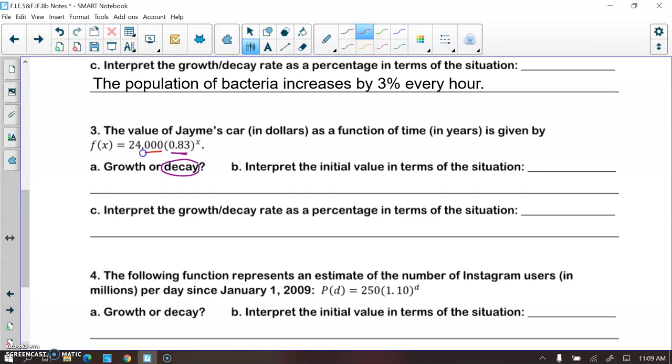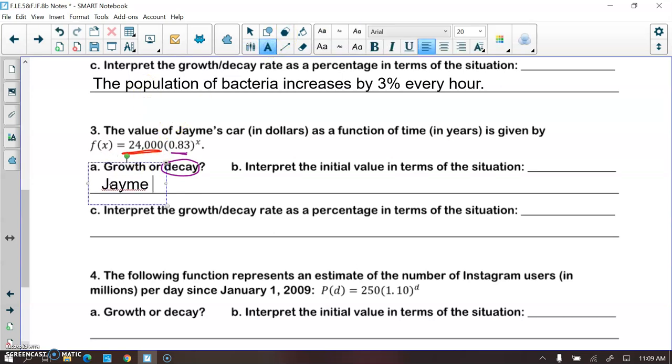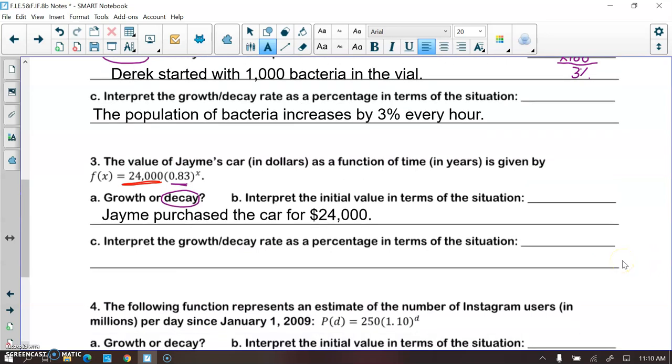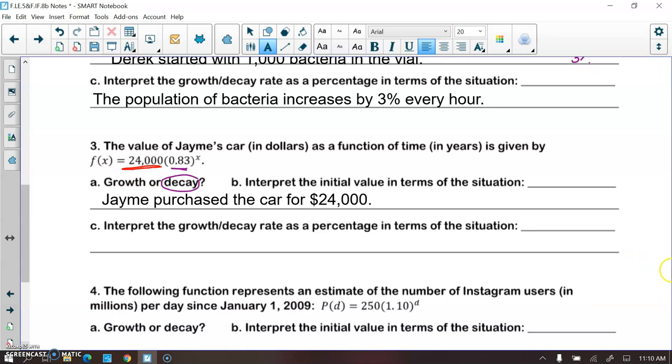She originally purchased her car at 24,000. So, Jamie purchased the car for $24,000. Now we're going to interpret the decay rate, in terms of the percentage.